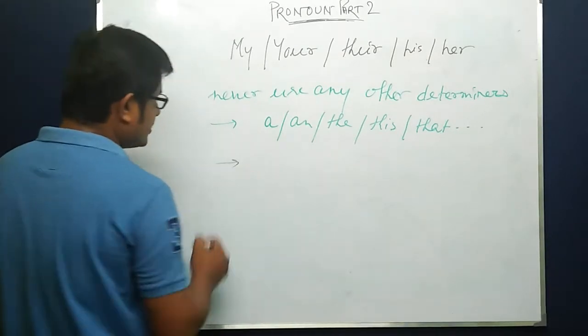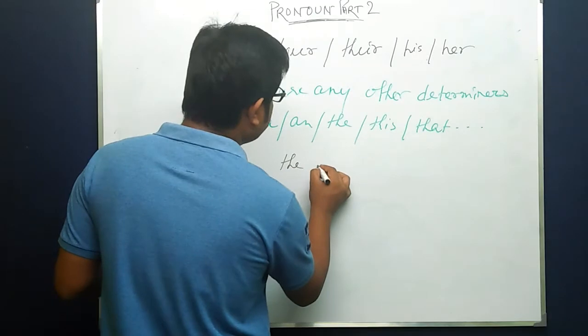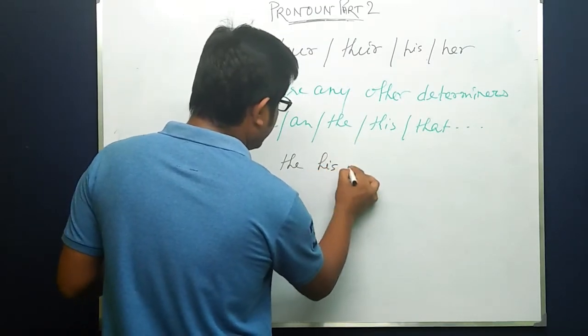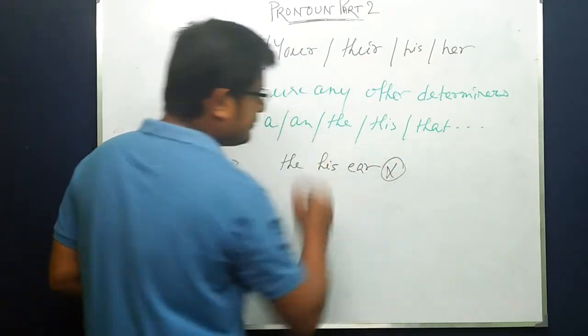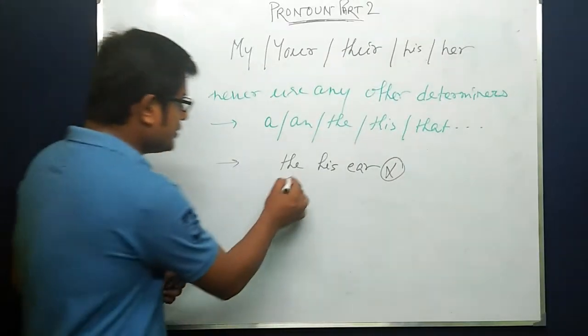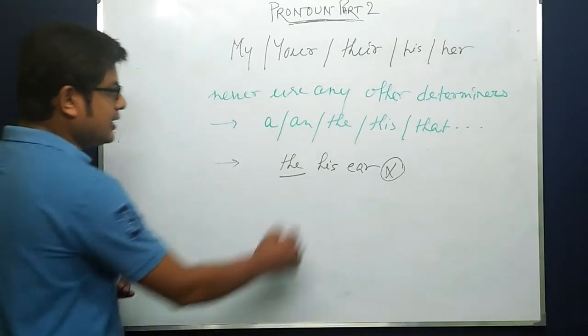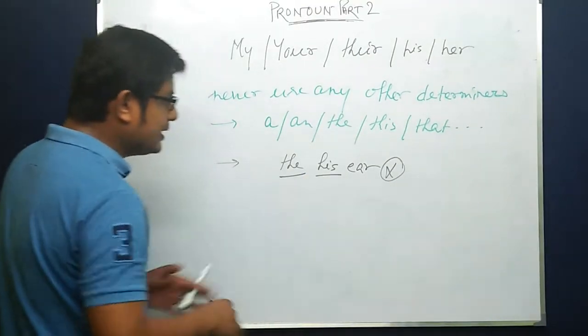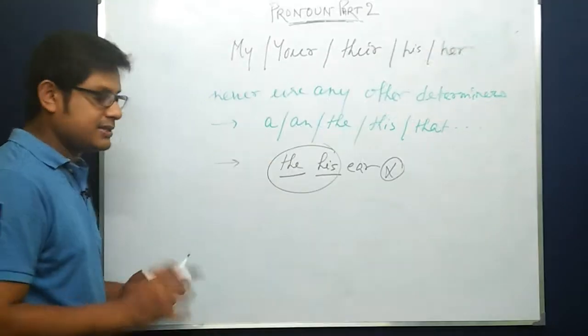Let me give you one example. If you write the his car, then it is a wrong sentence. Why? Because the is an article, at the same time it is a determiner, and his is also a pronoun being a determiner. So you cannot use these two at the same time.